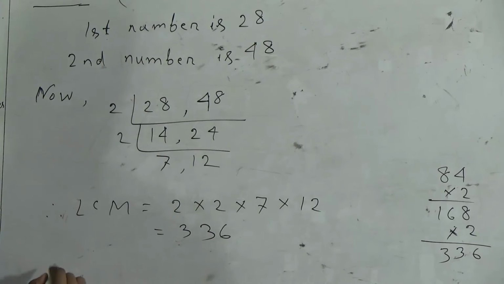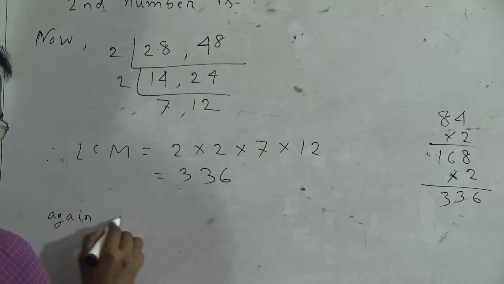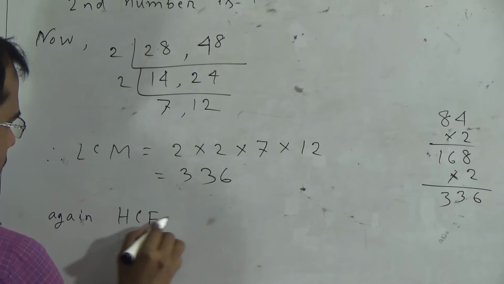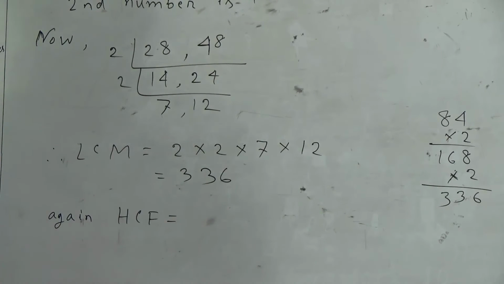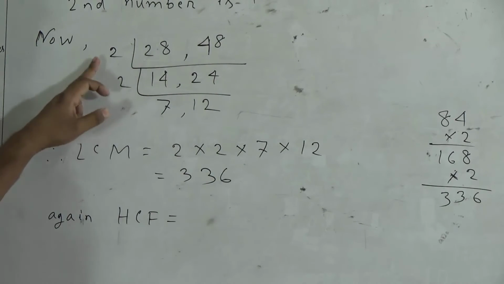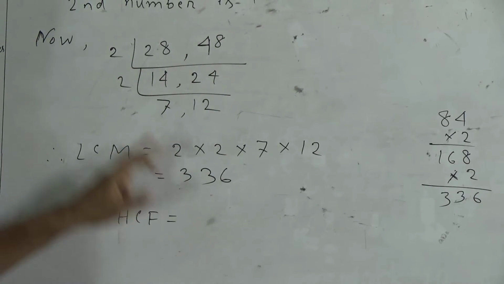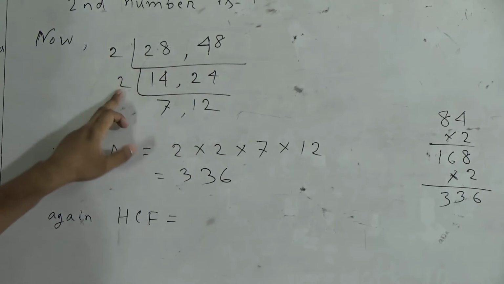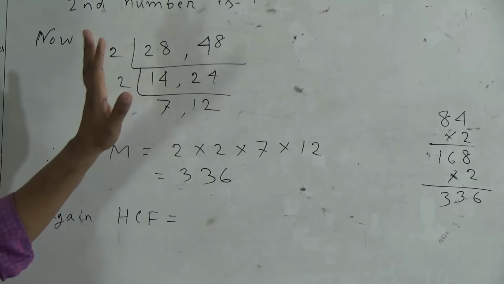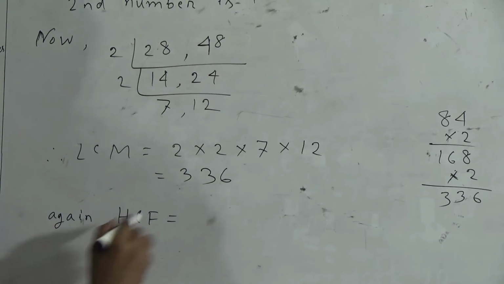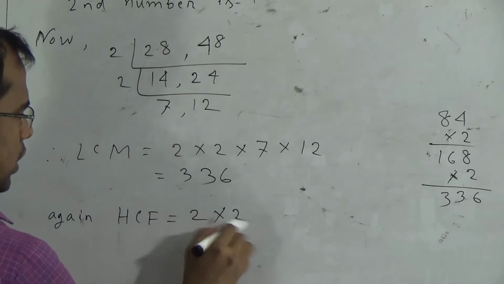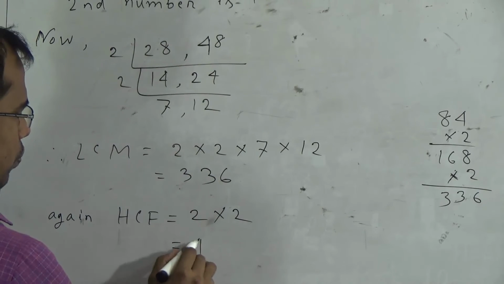Now HCF. HCF is equal to, here only the common divisors of 28 and 48 will come. Here 2 and 2. These 2 and these 2 are common divisors of 28 and 48. So HCF will be 2 multiplication 2 and this is equal to 4.